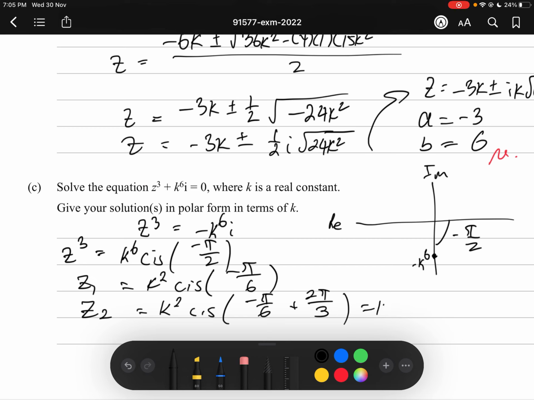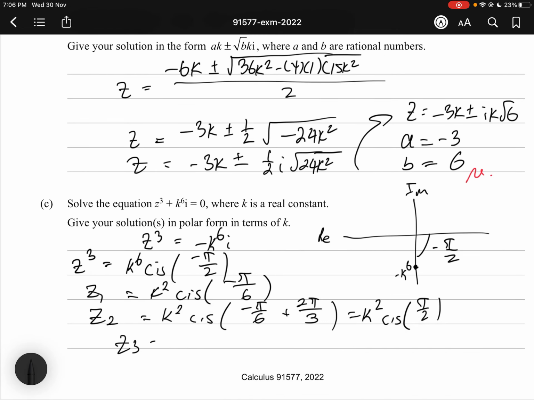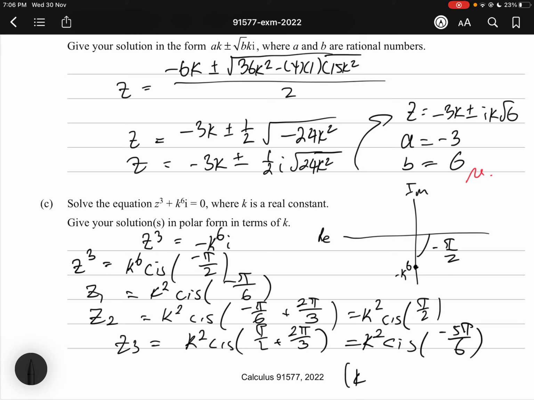So that's k squared cis of, in this case, pi over 2. And let's do it again. So we have z3 equals k squared cis of pi over 2 plus 2 pi over 3, and that is equal to k squared cis of 7 pi over 6, which is also the same as k squared cis of negative 5 pi over 6.